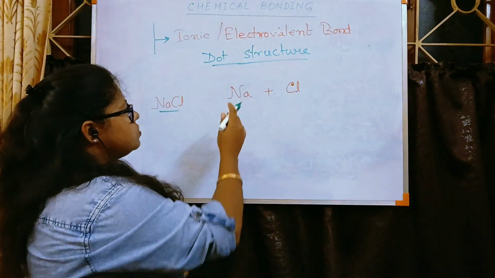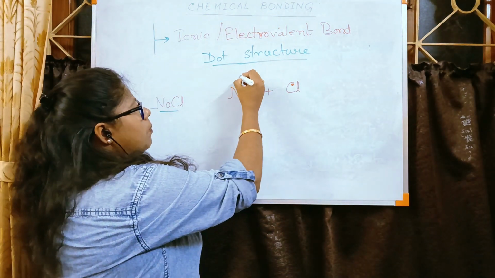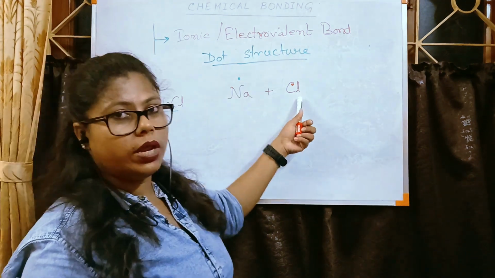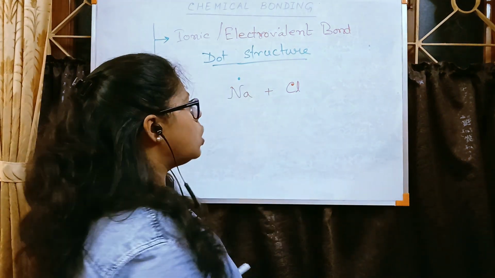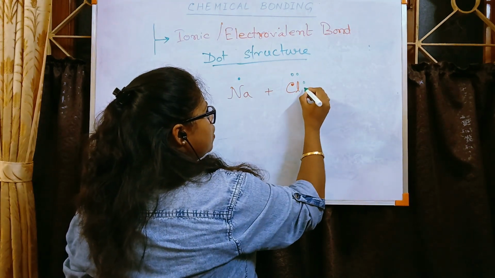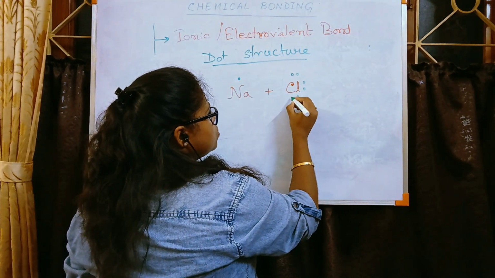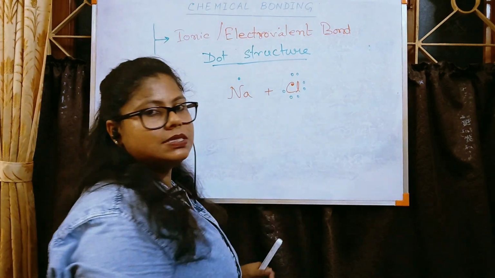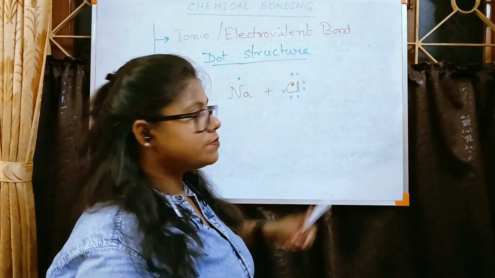In case of sodium, we have seen the number of valence electrons is 1. In case of chlorine, the number of valence electrons is 7. So I am going to draw 7 dots here. We are just going to represent the valence electrons as dots.